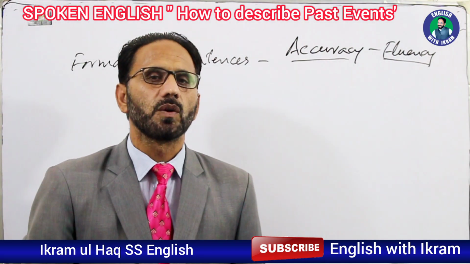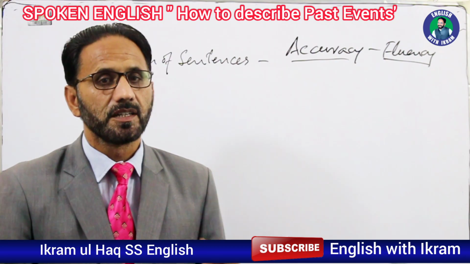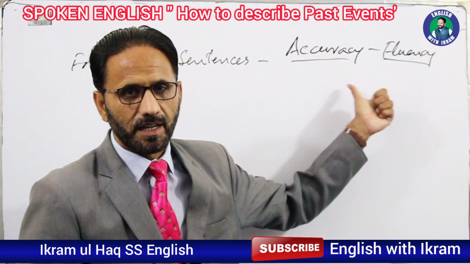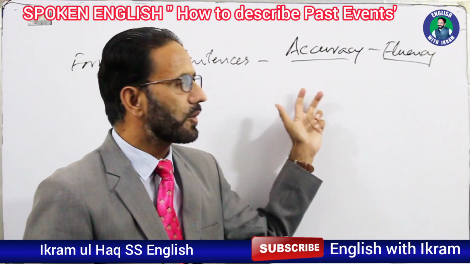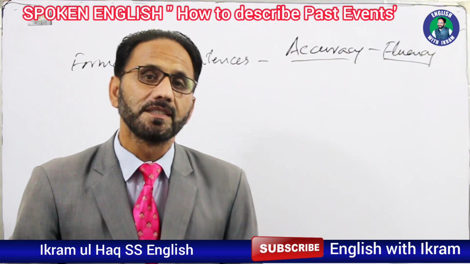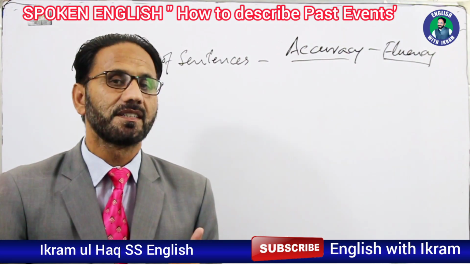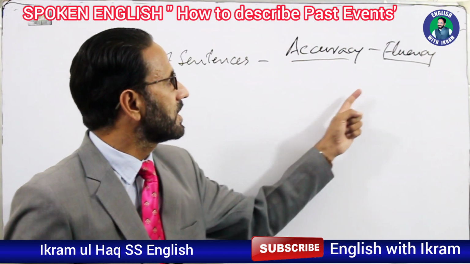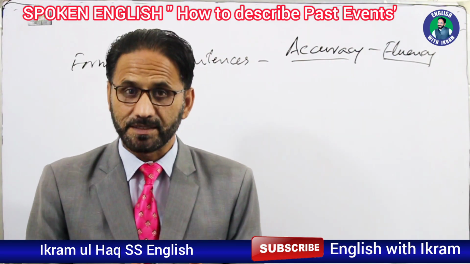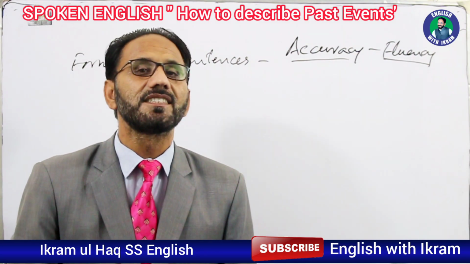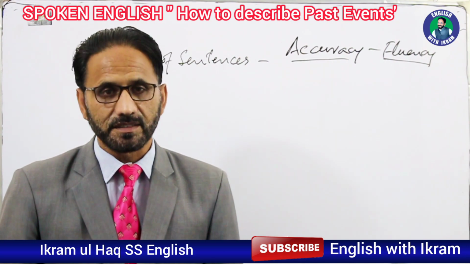Accuracy is to speak a particular language correctly, with correct grammar and correct pronunciation. And fluency is to speak with a reasonable pace. There should be coherence, a logical sequence between your sentences.